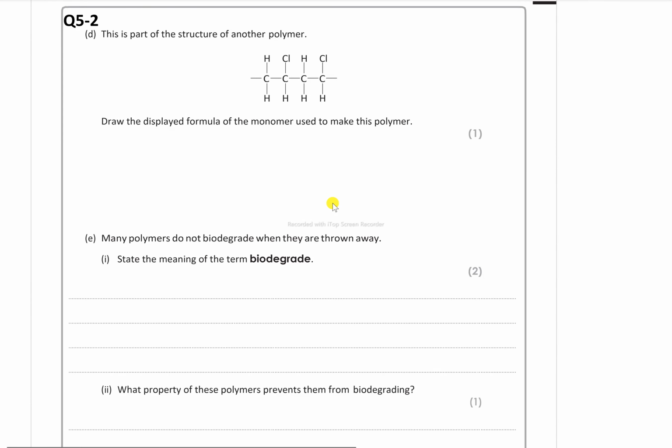Right, draw the displayed formula. This is a tough one. So if you notice, you've got this, it's repeated. So we need to draw this somehow, yeah? So we need to do C, C, H. Oh, no, Cl. Chlorine.